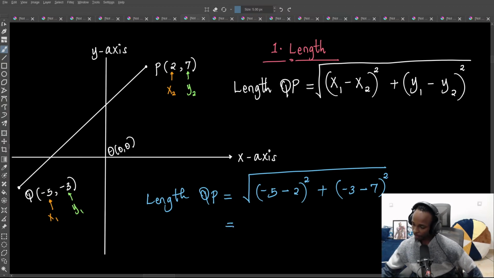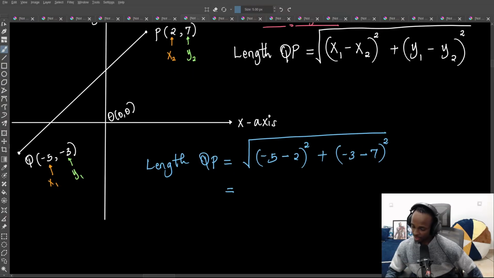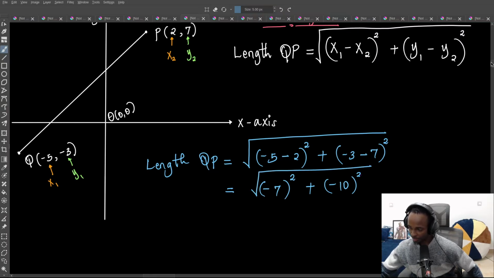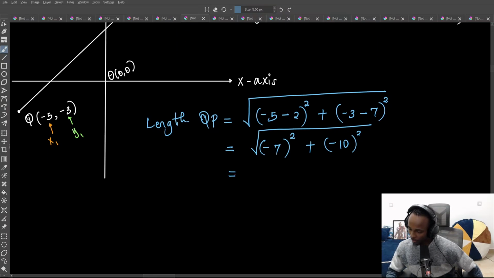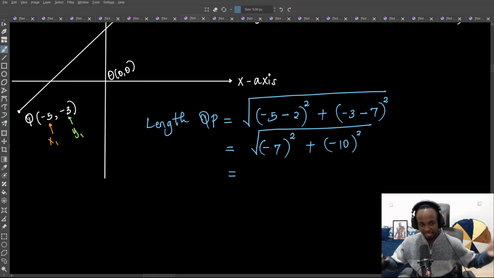So what is this giving us? So -5 minus 2, that's going to give us -7 squared, and then plus -3 minus 7 will give us -10 squared, and then we find the square root of that. So when you square a negative number, it's obviously going to be a positive.